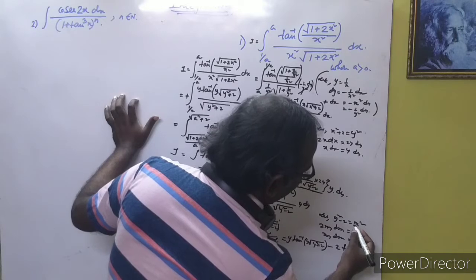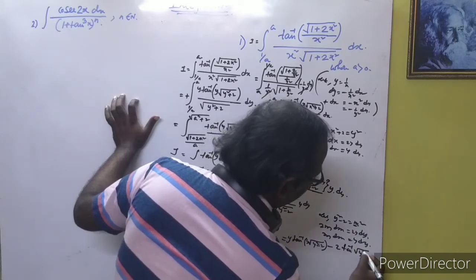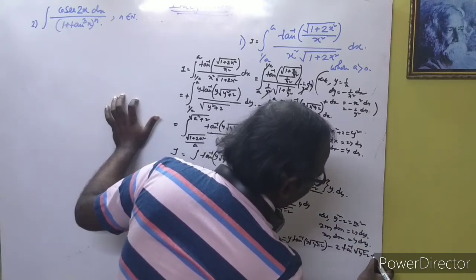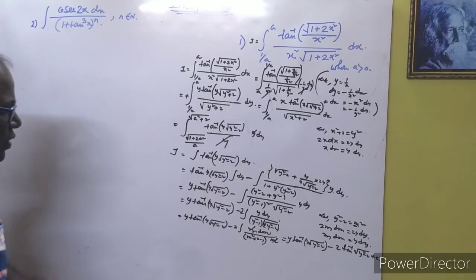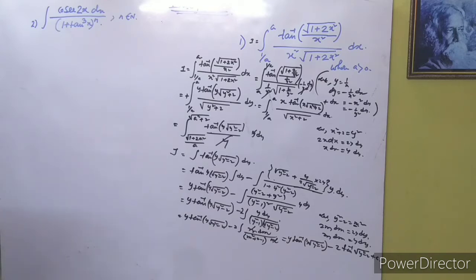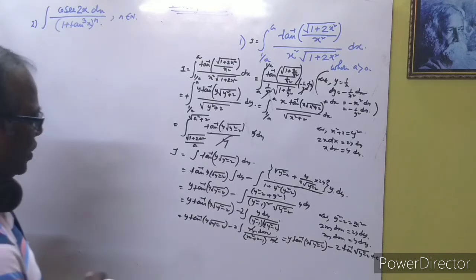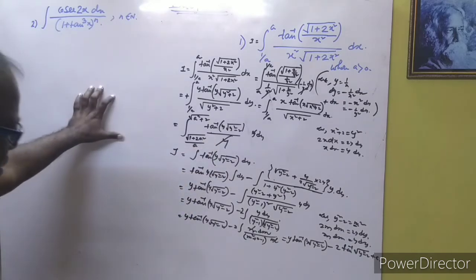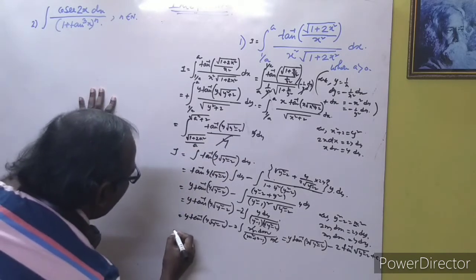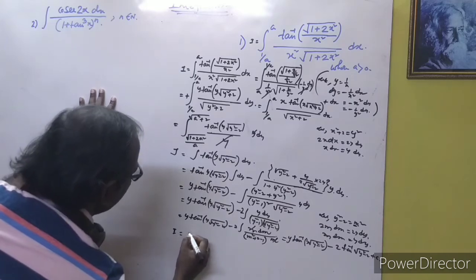That is tan inverse m, where m means root over y square minus 2, plus c. So this is the indefinite integral for j. So now we have to find the value of this. So now this is the required integral I.